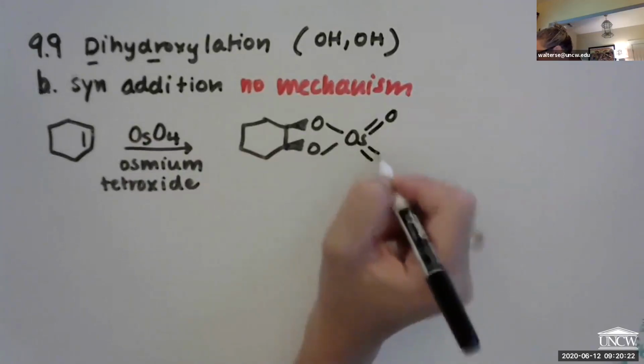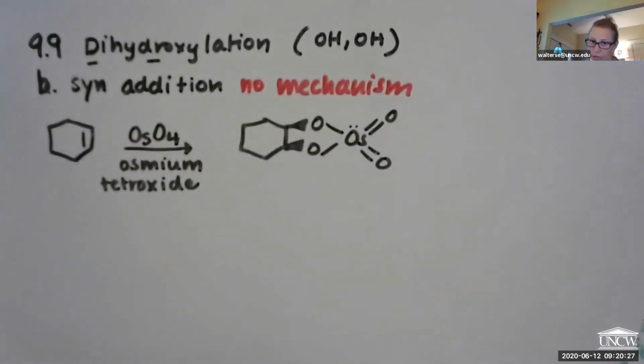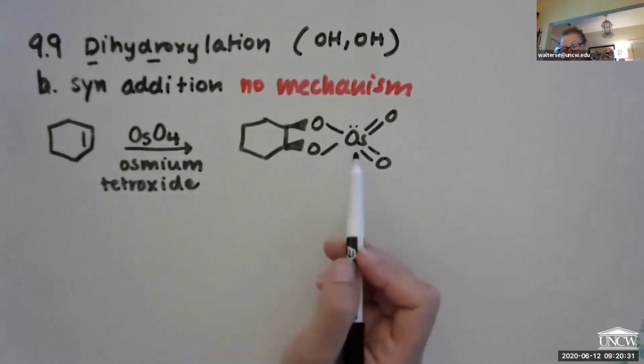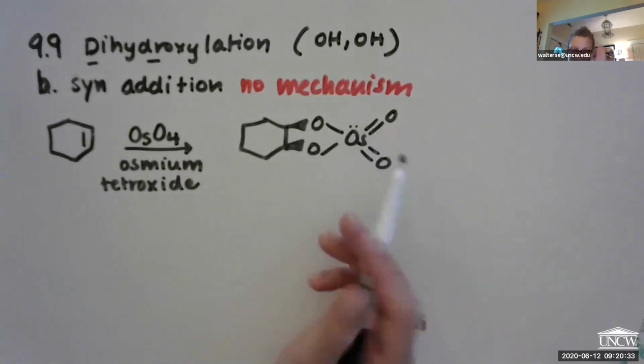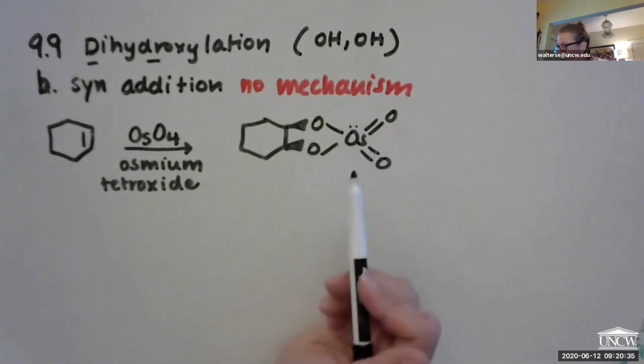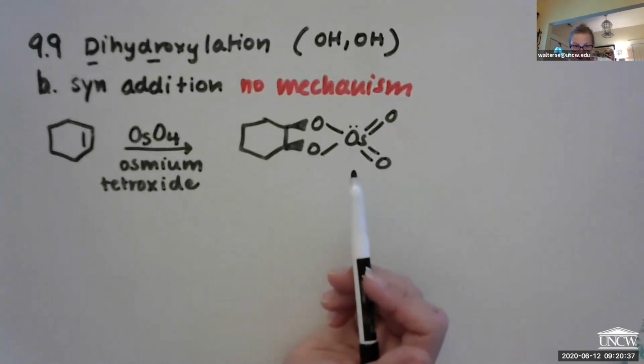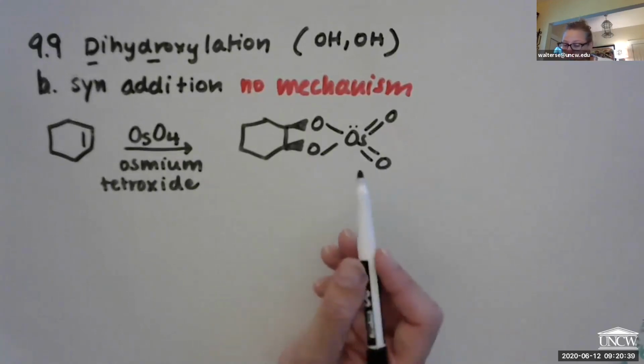Osmium is a metal. Metals do all sorts of weird stuff. They don't follow 8 electron rules. So this osmium has 14 electrons around it, which is not uncommon for metals. Metals don't follow an octet, they follow an 18 electron rule.